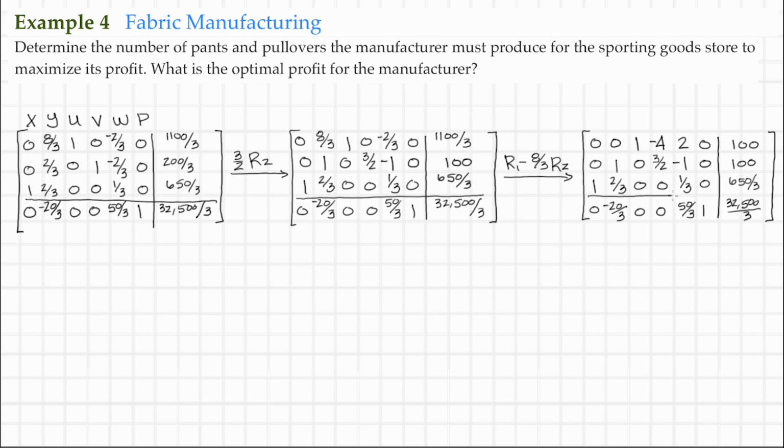Put in our horizontal line. So now we can target this element here. So we'll continue down over here. So we'll take row 3 minus 2/3 of row 2.